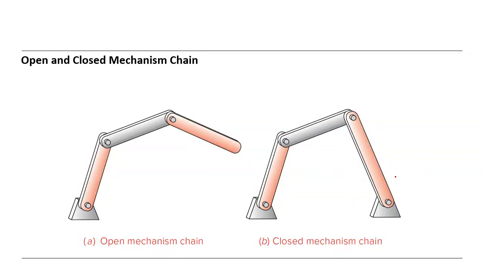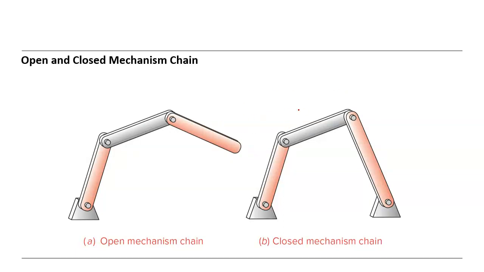Another important definition is open and closed mechanism chain. So we are going to talk about the mechanism and chain. What is a mechanism? What is a chain? What is a kinematic model?